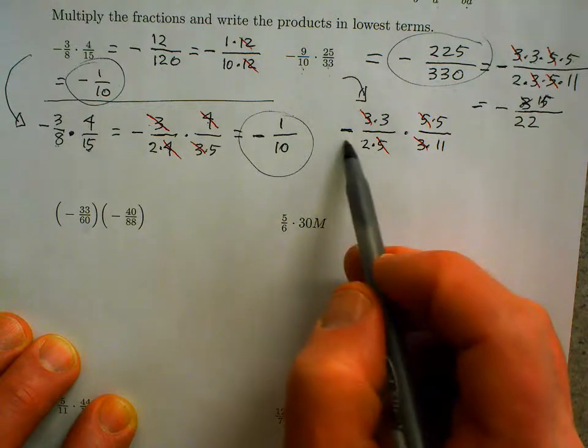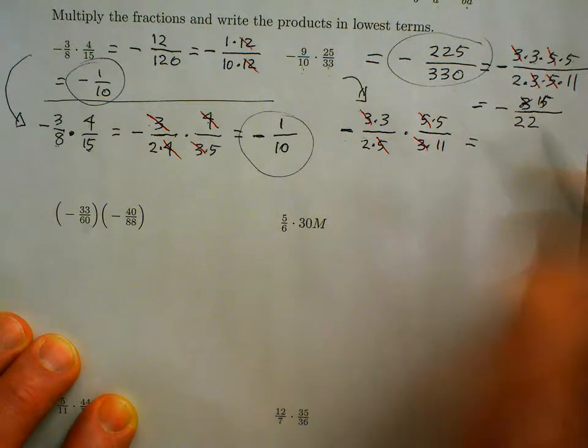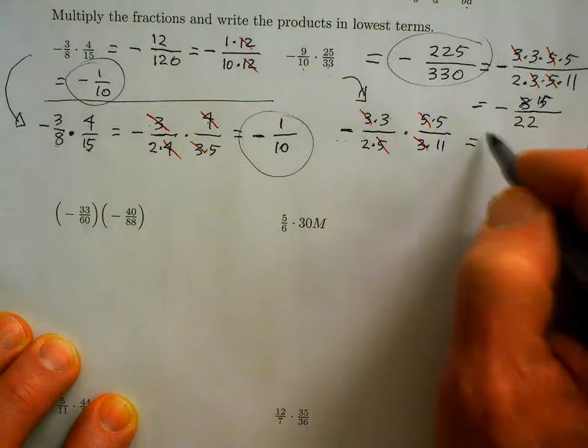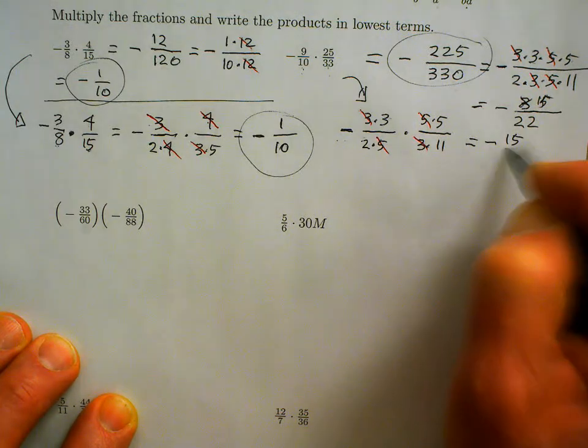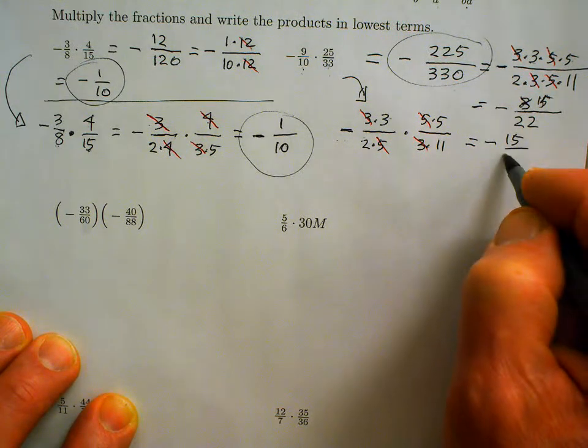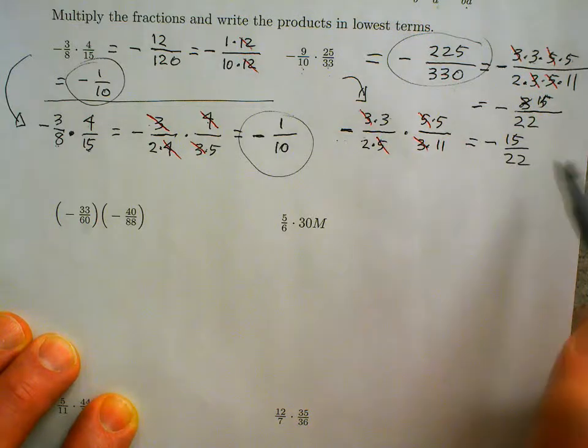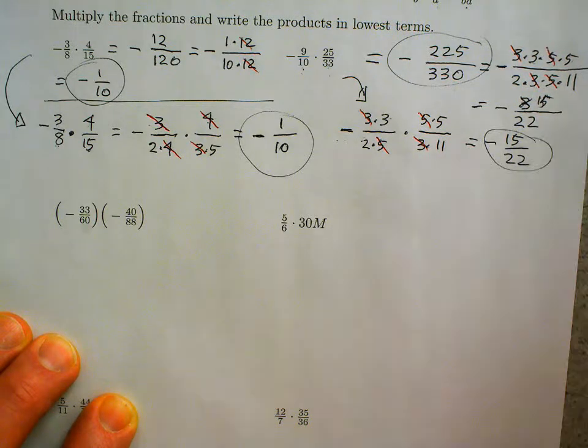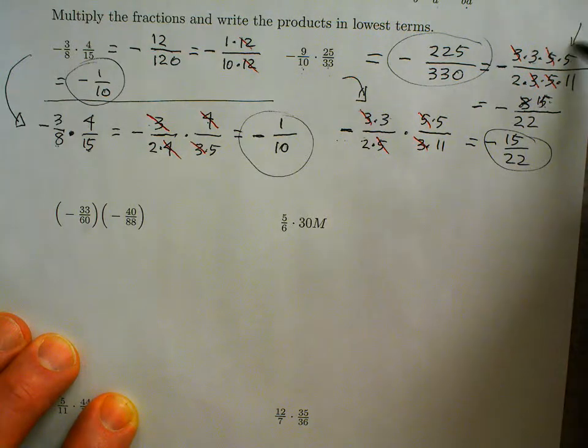Okay, then in this one, negative 3 times 5 is negative 15 over 2 times 11 is 22. Yeah, so I made a mistake in that first one by overlooking the factor 5.